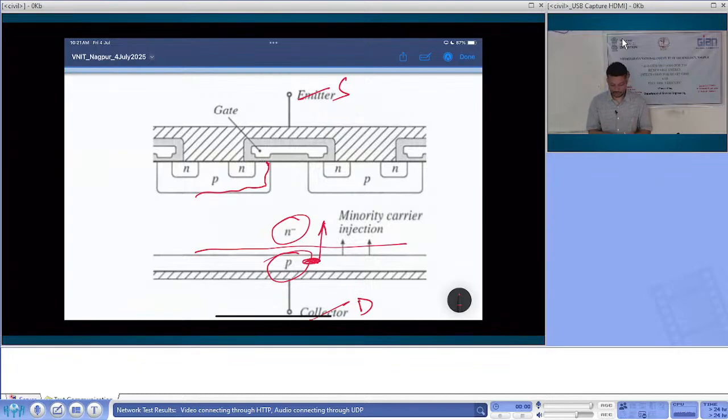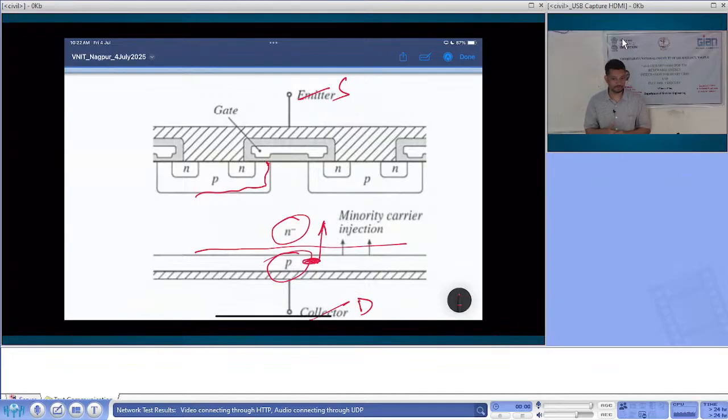Even though you still have to travel that same length, there is one more mechanism which kicks in, which helps for faster charge transportation in that region. Therefore, when we want to build a high voltage device, usually we don't build MOSFETs, we build IGBTs. Why? Because if we just build a MOSFET, it will have a very large resistance. If we build an IGBT, that region has an additional component which is technically called conductivity modulation, which essentially means that some holes from the P side enter and participate in conduction, and therefore resistance comes down.